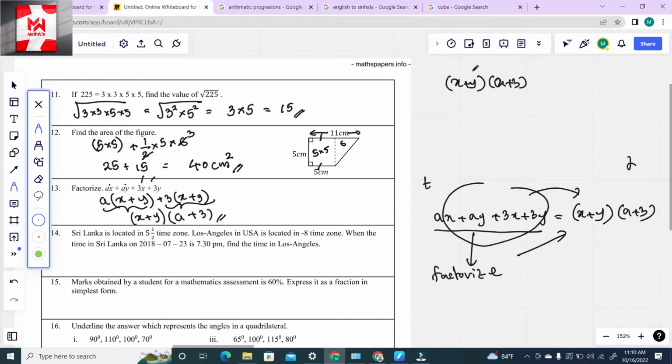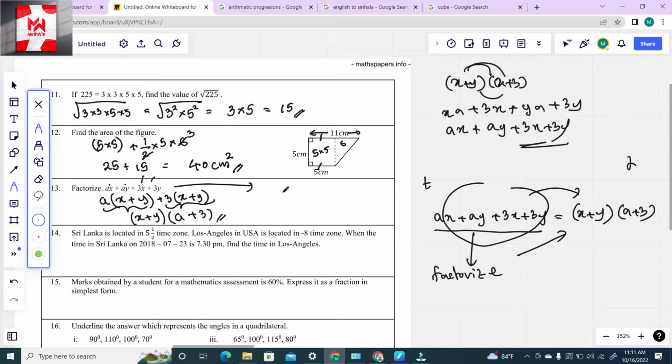How do we multiply? x into a, x into 3, 3x, then y into a, and y into 3, 3y. So this is actually ax plus ay plus 3x plus 3y. The answer will come. If you can write the answer directly, just x plus y and a plus 3, they will give the marks.